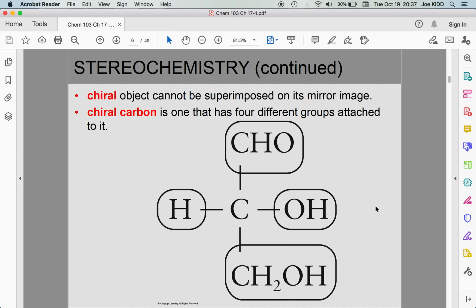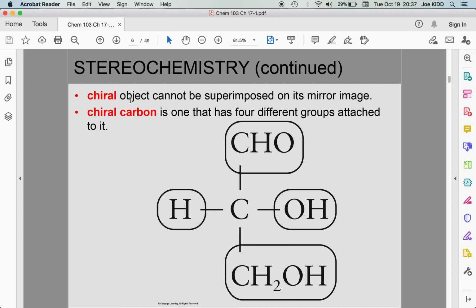One of the important parts of enantiomers is that to be an enantiomer, we have to have what we call a chiral compound. And to have a chiral compound, we need to have at least one chiral carbon. A chiral object or compound is something that cannot be superimposed on its mirror image, like your hands.